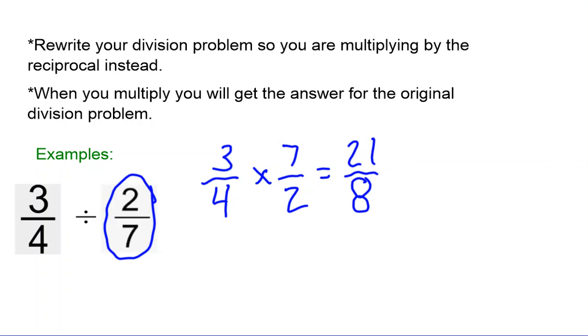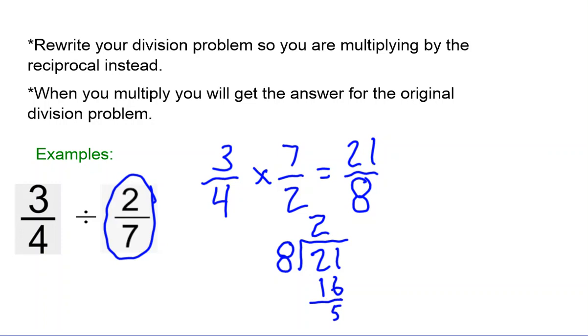Now, this fraction is in lowest terms, but we can change it from an improper fraction to a mixed number. In order to do that, we divide 21 by 8. We know that 8 times 3 is 24, so it'll only go in 2 times. 8 times 2 gives us 16, and that leaves us with 5.